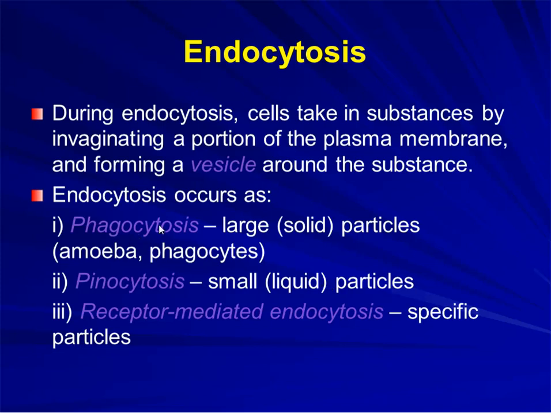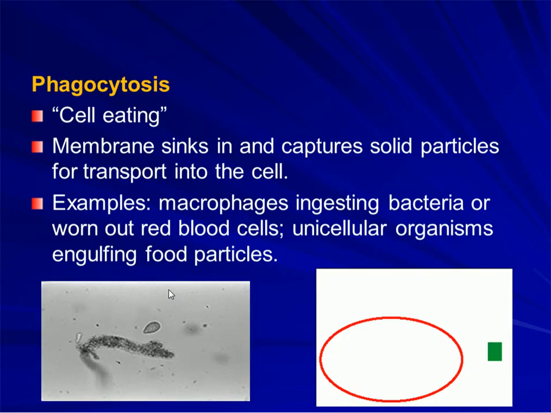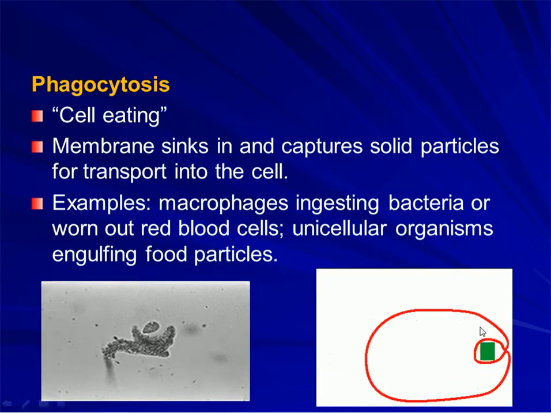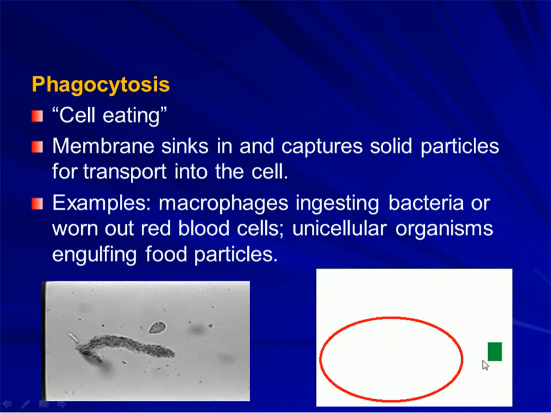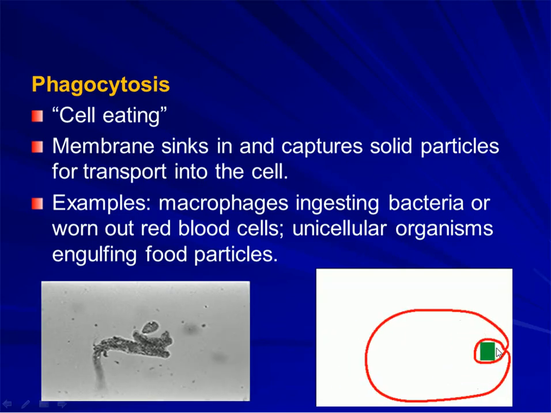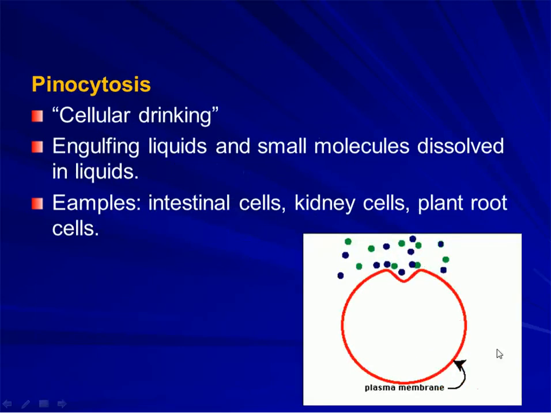For example, in phagocytosis, the cell engulfs solid particles such as food particles, while in pinocytosis, the cell takes up liquid particles such as amino acids. You can see in this picture, in phagocytosis, the cell is engulfing a solid particle, a food particle. This is called phagocytosis. While pinocytosis is the cell taking up liquid particles such as amino acids.